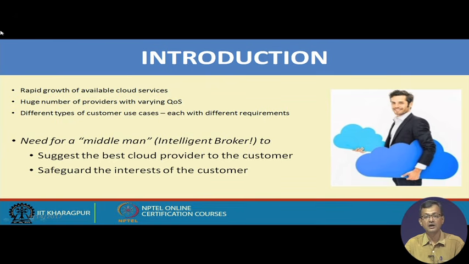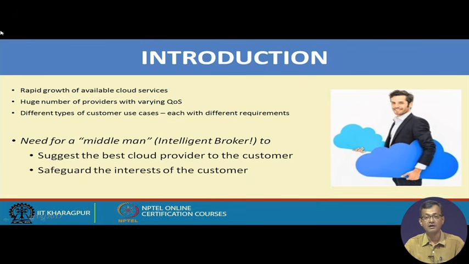So, I require a quote unquote middleman or an intelligent brokering service which definitely safeguards the interest of the customer, and also suggests the best cloud service provider to the customer based on its requirements, right.